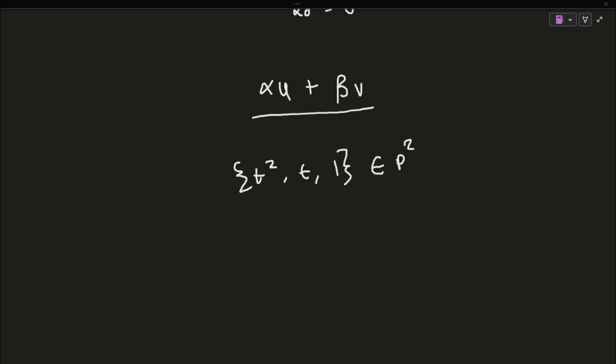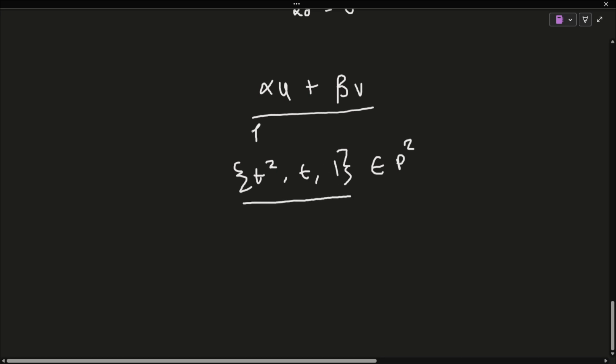The span of S, we're going to call this term span. This just means the set of all linear combinations of a finite set of vectors. So this is a finite set because it's limited, and the span of S is going to be the set of all linear combinations that you can make with these three and any scalars.